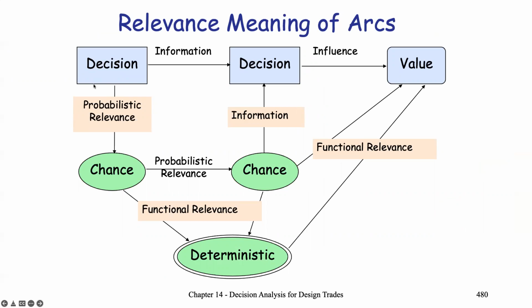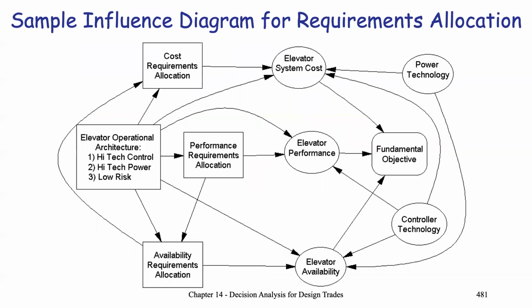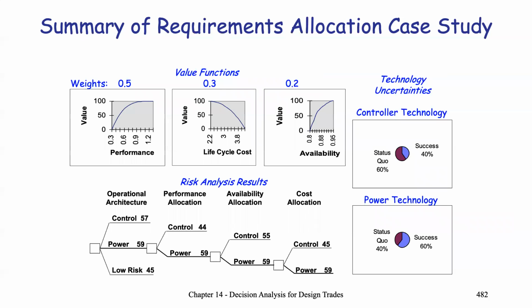We go from a decision, and we have a probabilistic relevance to going to chance. You can walk your way through this just as easily as I can. This is just giving a nice synopsis of the relevance meanings of arcs. Here's a sample influence diagram for requirements allocation. I'll just leave that up to you. You can look that over and read the text to get some more context for that.